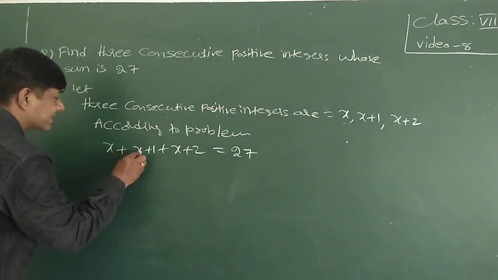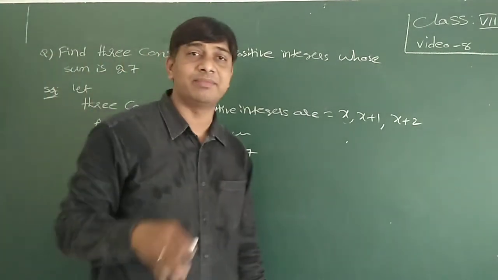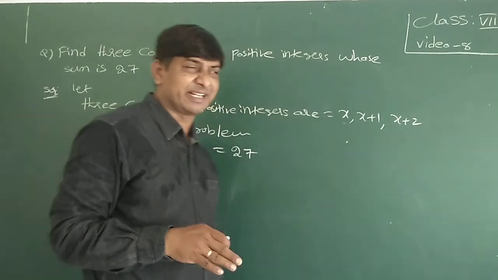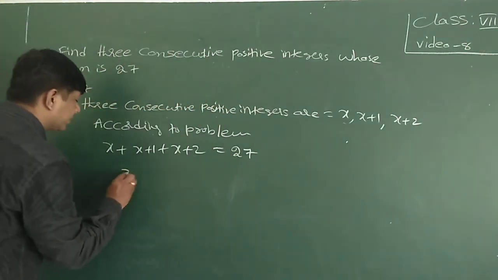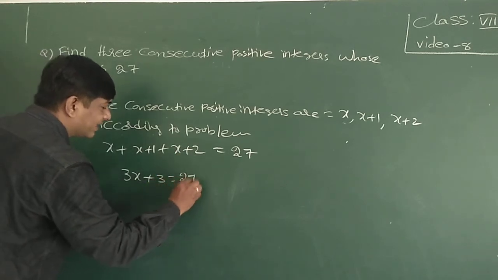Now x plus x plus x is 3x, and 1 plus 2 is 3, so 3x plus 3 is equal to 27.